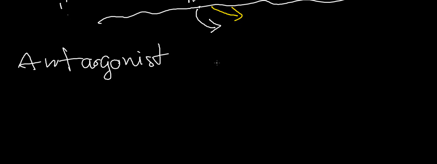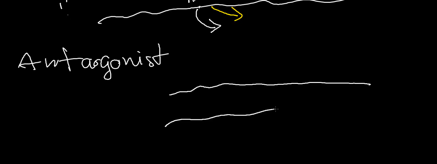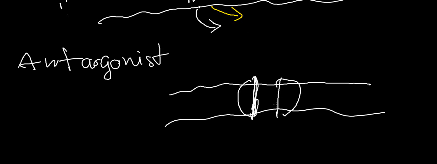Okay, let me have an example here. If I have a cell membrane here, another cell membrane here, and an ion channel here, let's have a calcium channel. If you have an endogenous ligand, it binds to the receptor on this channel and will cause the channel to open, for example.